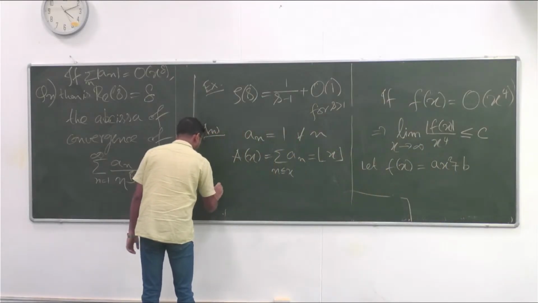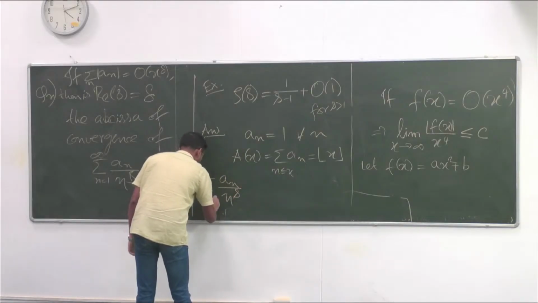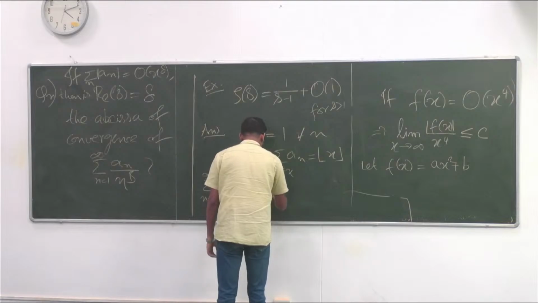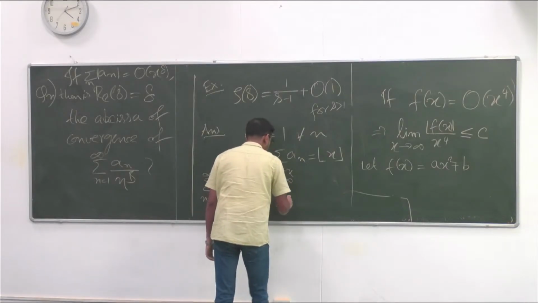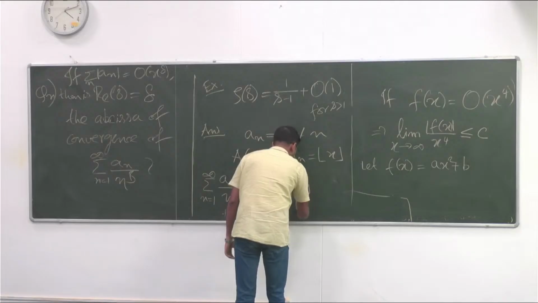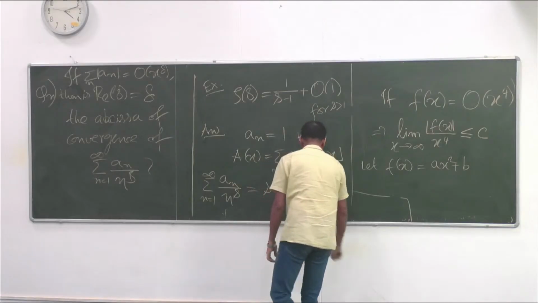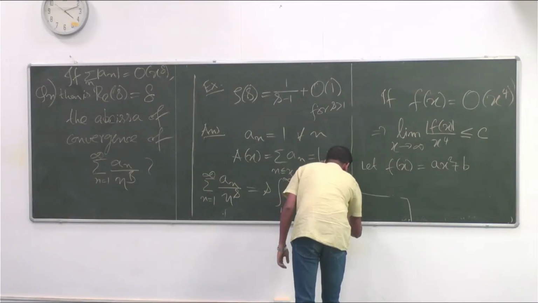So that means summation a_n by n to the power s, n running from 1 to infinity, is equal to s times the integral from 1 to infinity of floor of x by x power s plus 1, dx.